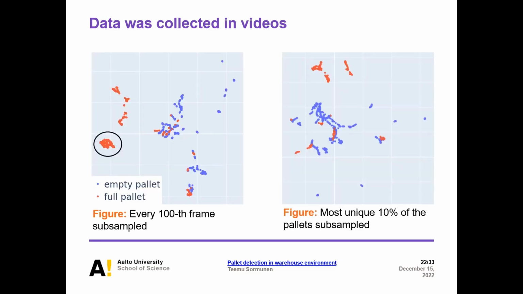Different data subsampling techniques were also compared. The embeddings were calculated for the pallets and they were visualized in 2 dimensions. On the left figure, we can see the embeddings computed for the data subset that contains every 100th frame subsampled. It can be seen that the data forms clusters.